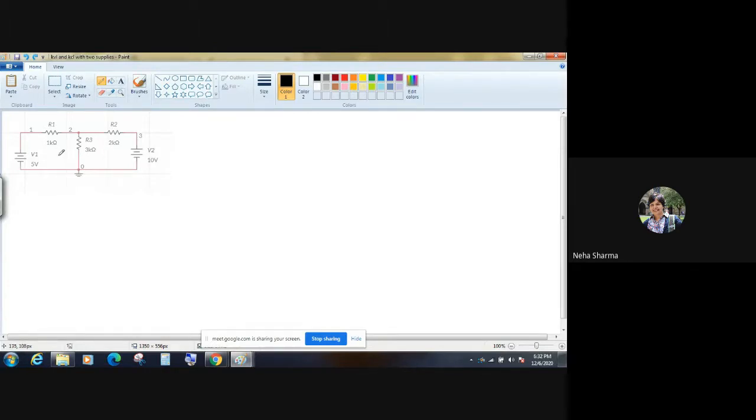For mesh 1, let's try to mark the current direction. Now, current always flows from positive to negative, so I am making it like this. Let this be I1. Here, I make it flow like this because now I'm having a voltage source here. Current always flows from positive to negative. I'm calling it I2, and this one I1.